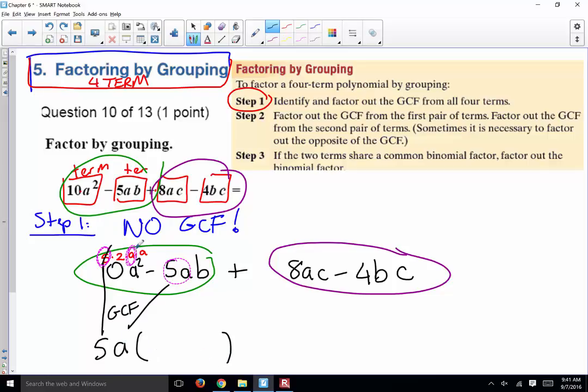If you take 5a out of each guy, what are the leftover items? What is left? 2a, right? And a minus in between, right? That's left. And what else? B.